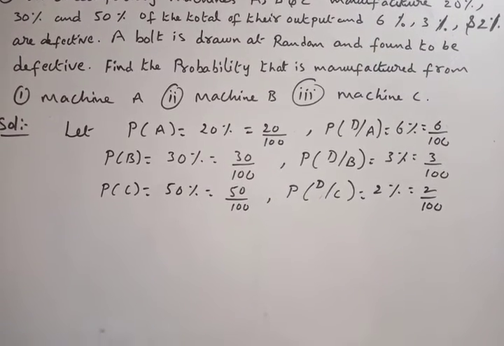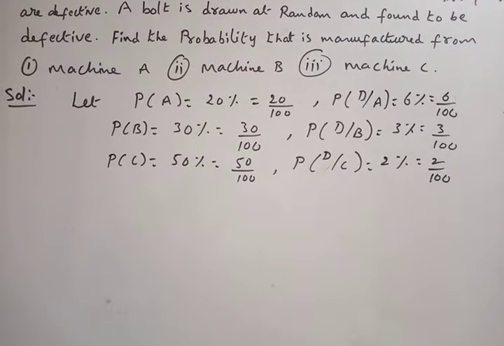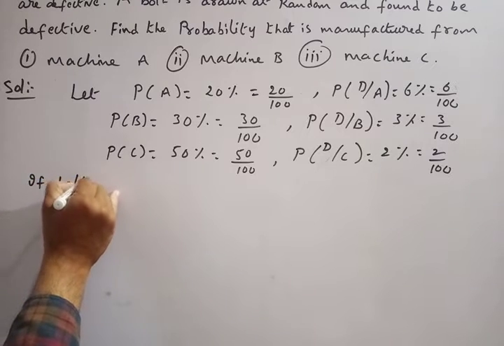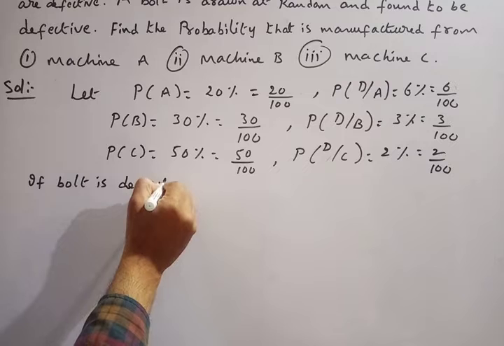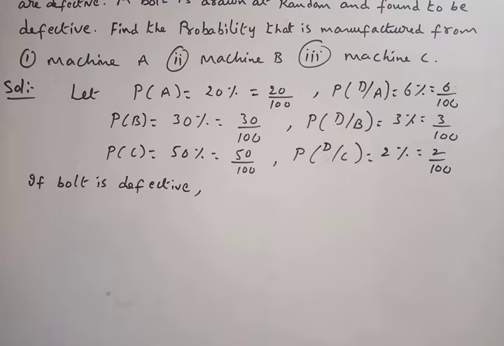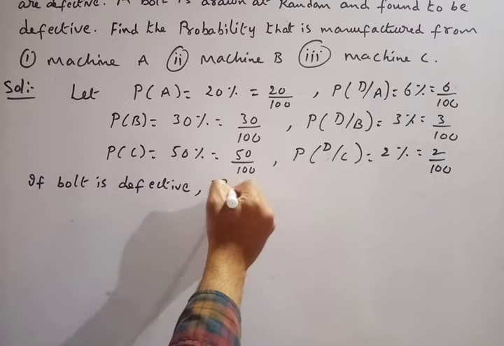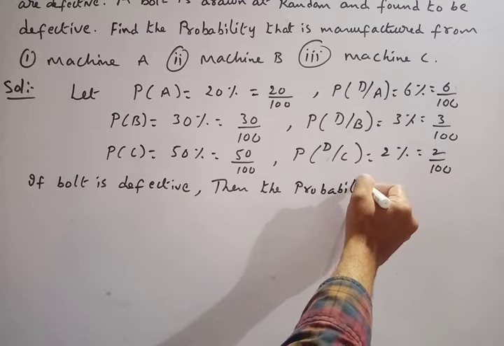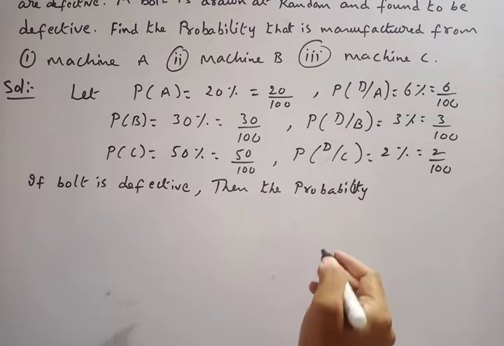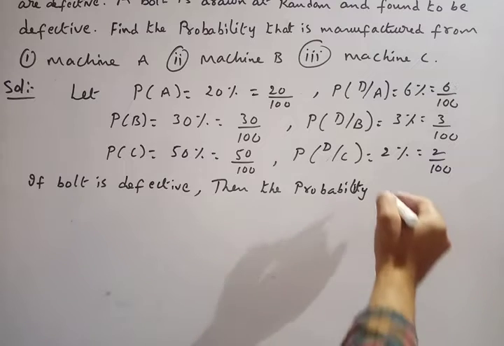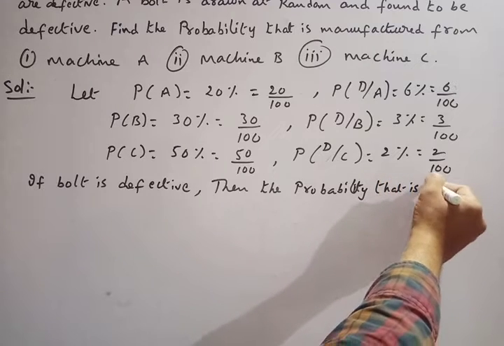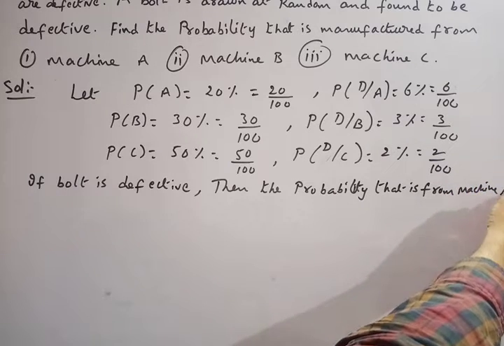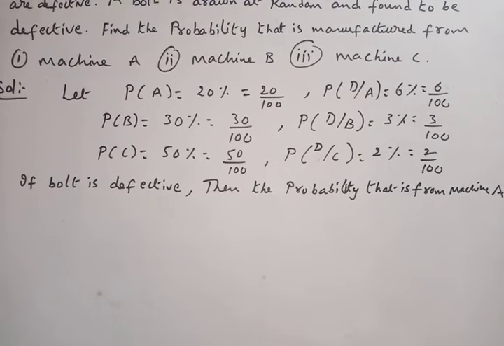If the bolt is defective, then the probability that it is manufactured from machine A. Correct? That is from machine A.